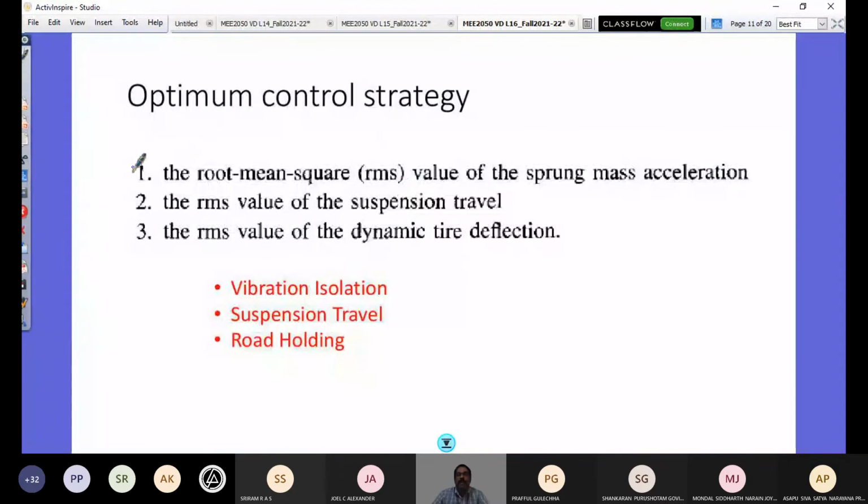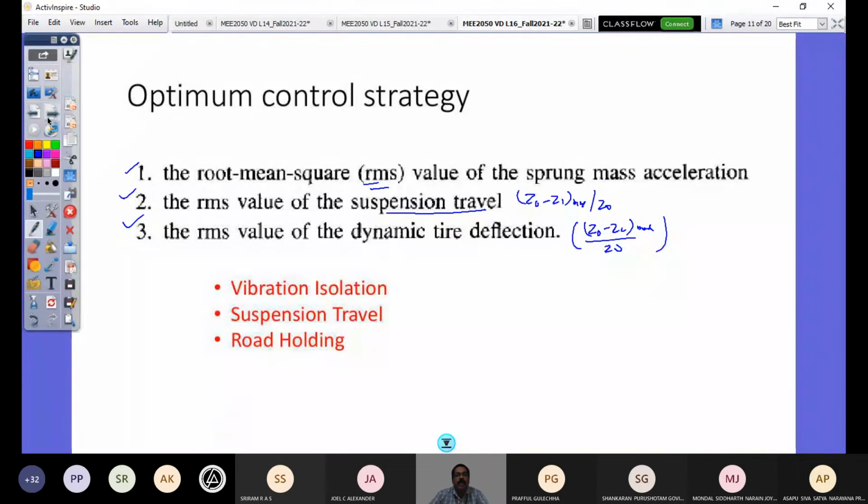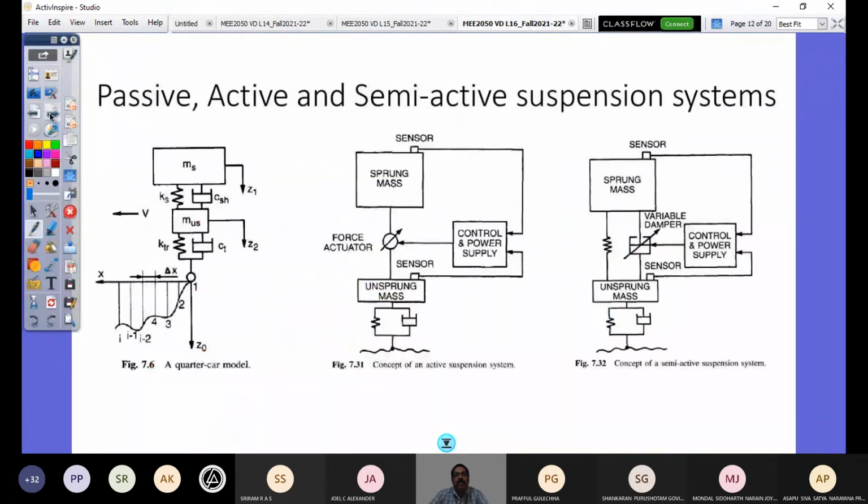Today we discussed how you can find it, and the RMS value of suspension travel, given by Z0 minus Z1 max by Z0, and the tire dynamic deflection value, given by Z0 minus Z2 max by Z0. These are all values to be minimum to meet these design requirements, and that can only be met through a passive or semi-active suspension system.